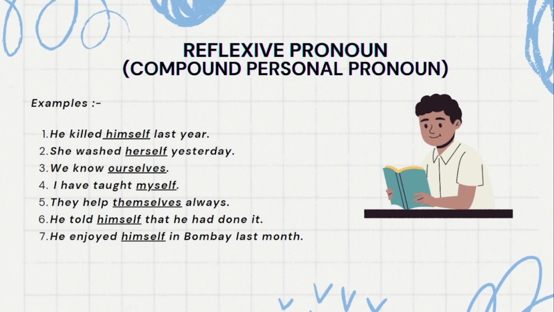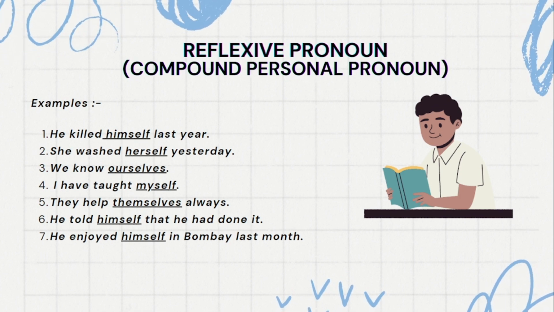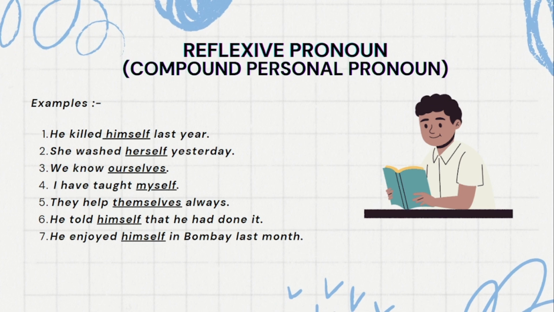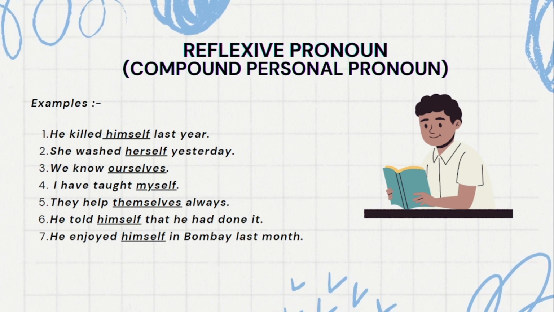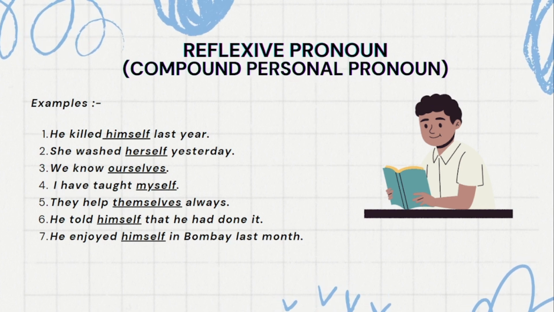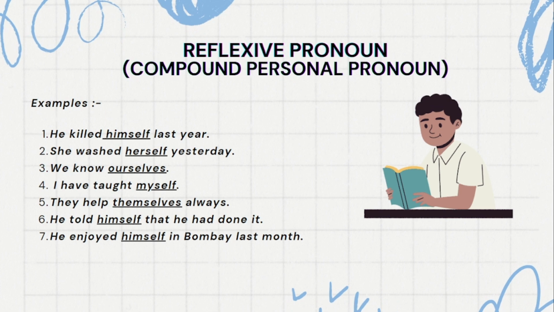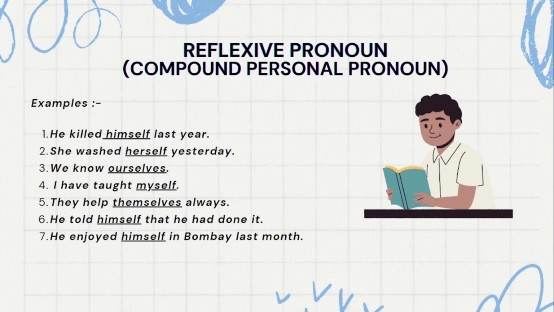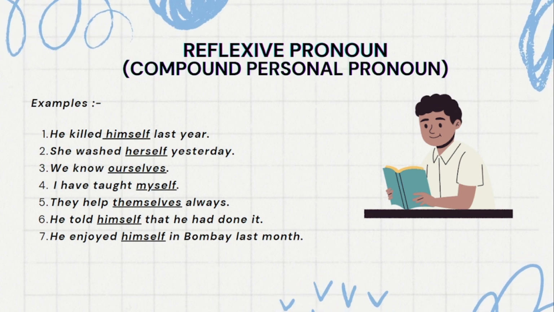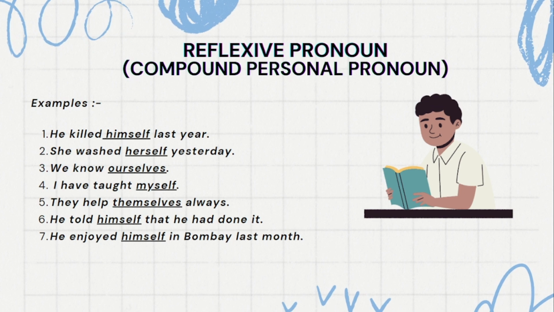Then let me say one thing to you. Here in the first example, he is the subject. What is the reflexive pronoun of he? Himself. That is written in the place of object. In the second example, she is the subject. What is the reflexive pronoun of she? Herself. Herself is written in the place of object. In the third one, we is the subject.